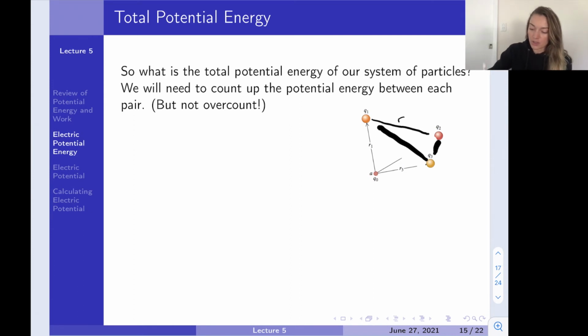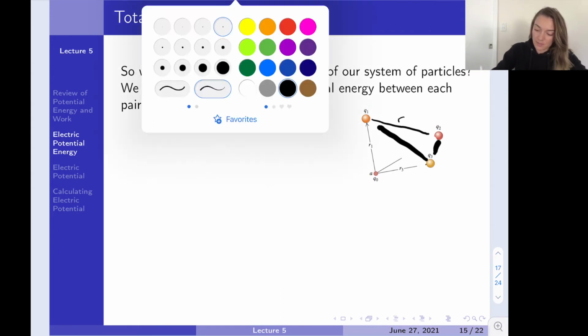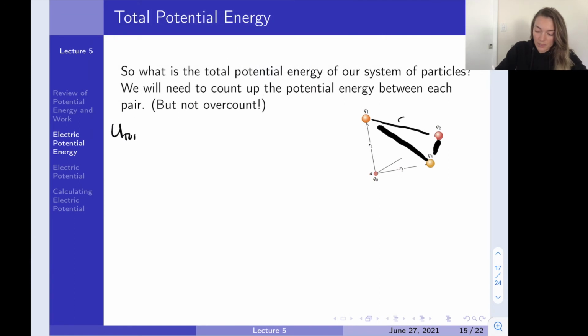So if I were to write the total potential energy for this setup, I would bring out my 1 over 4 pi epsilon naught out here. I would do my potential energy between, let's say, Q1 and Q naught. We'll start with Q naught first. So Q1 and Q naught, with distance R1, the distance between 1 and naught.